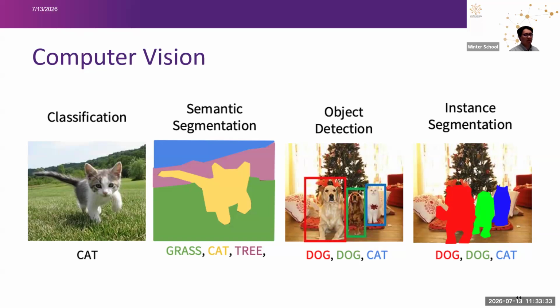And for object detection, I have the instruction, I want to detect the animals here, but how many and what are they, I don't know. But with those trained models, we can easily get the bounding boxes of the objects, and we can easily recognize them.